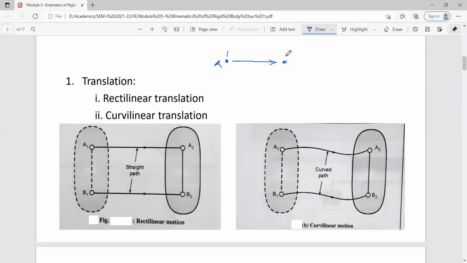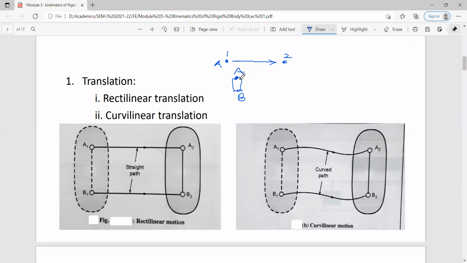Say it is position 1 and it is position 2, such that the orientation of the different particles on the body A remains the same even in the new position. Suppose this body has two particles A and B. One can easily see that particle A is above the particle B.